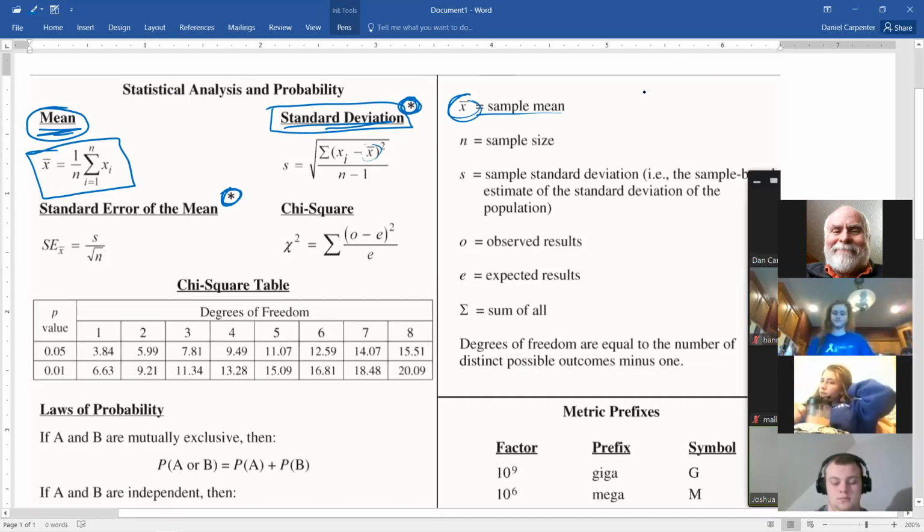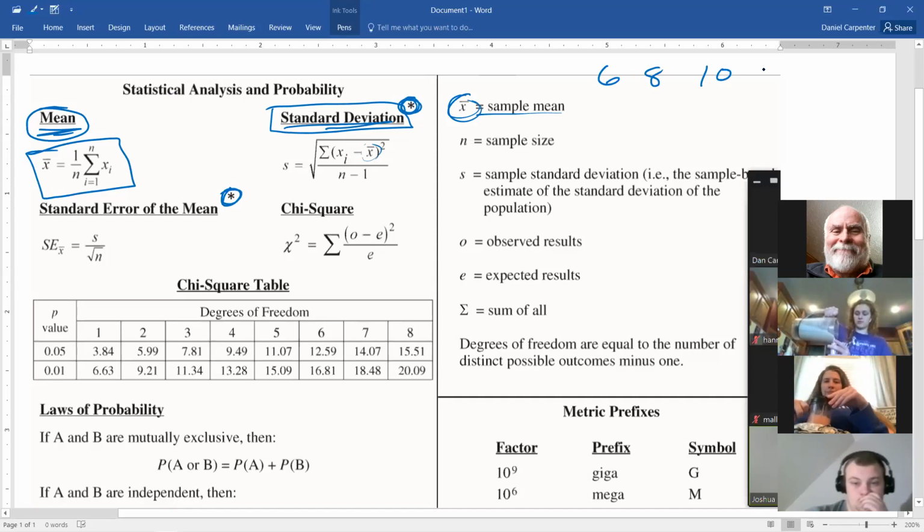So if I had 5 numbers, 6, 8, 10, 11, 12. So that would be 33, 39, 47 divided by 5.